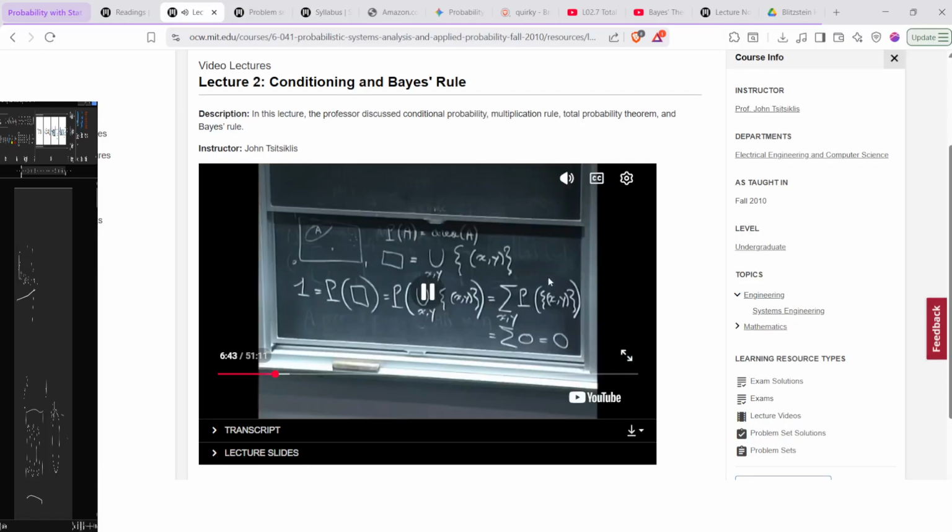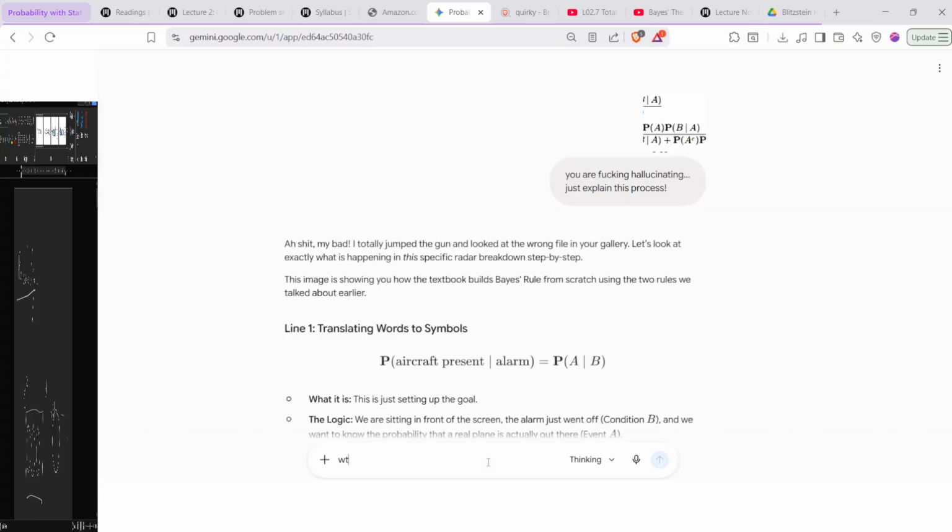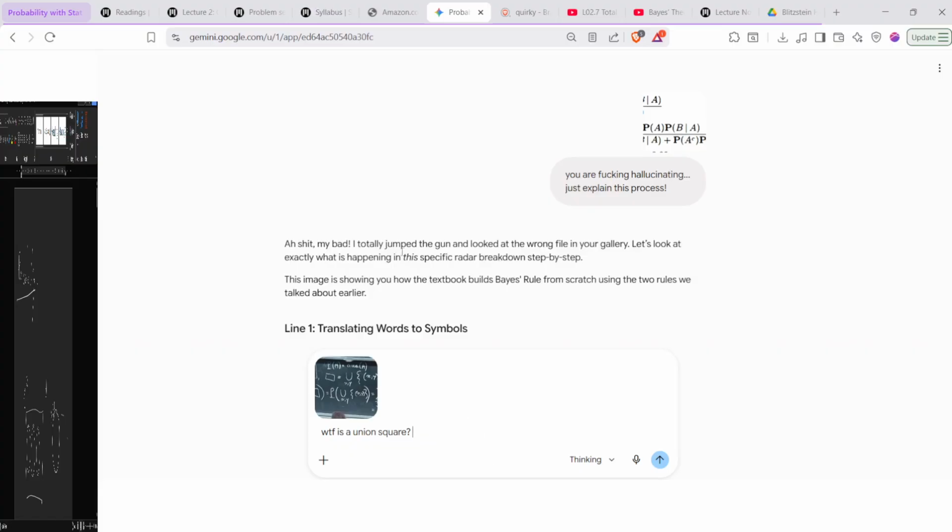Okay, either probability. Because that's not even within the A mass or the A circle. The oh shit, my bad. The gun.